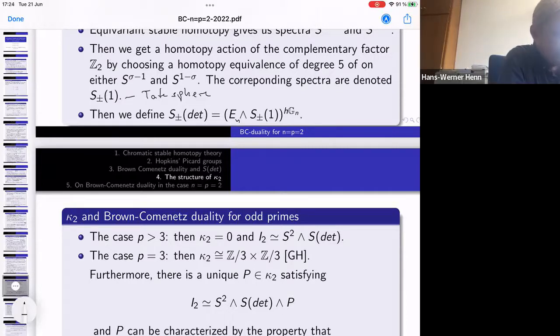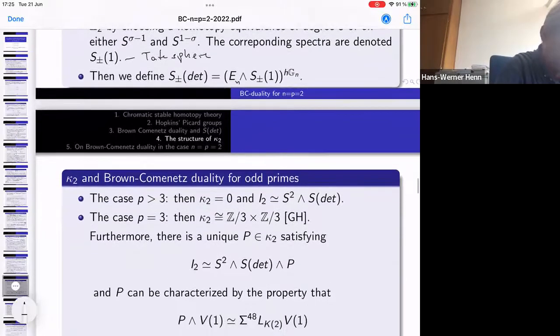If p is equal to 3, then κ_2 is Z/3 × Z/3. That's something Paul and I proved and published several years ago, maybe 6 by now. And in fact, there's a unique P in κ_2, one can take that as the definition of P, which satisfies I_2 smash S is equivalent to S^2 smash S-stat smash P. And one would like to identify this P within this group Z/3 × Z/3.